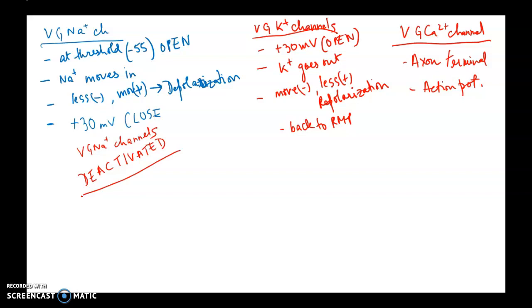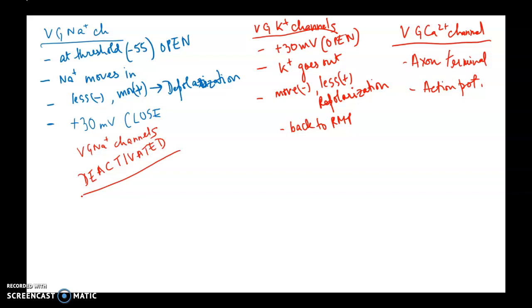They are deactivated. Okay. Now, let's talk about voltage-gated potassium channels. They open at positive 30. As they open, potassium leaves the cell, making the inside more negative, less positive, and that brings everything back to resting membrane potential by the process of repolarization.